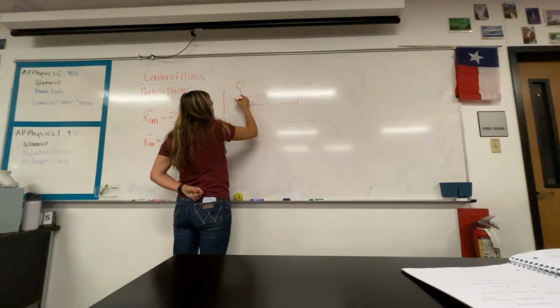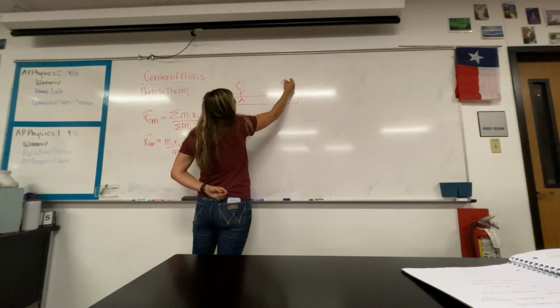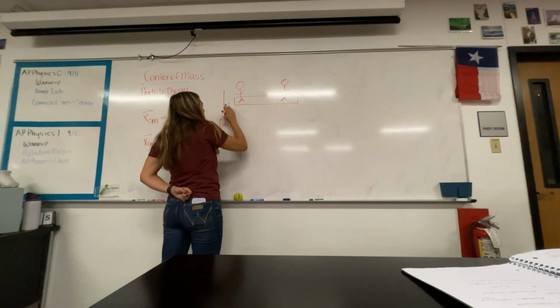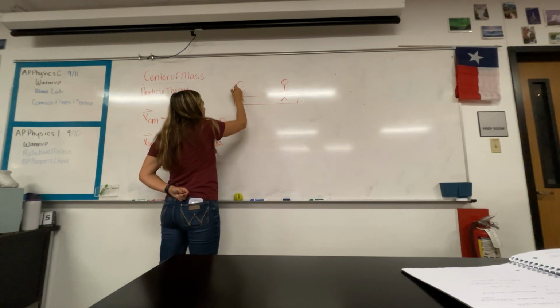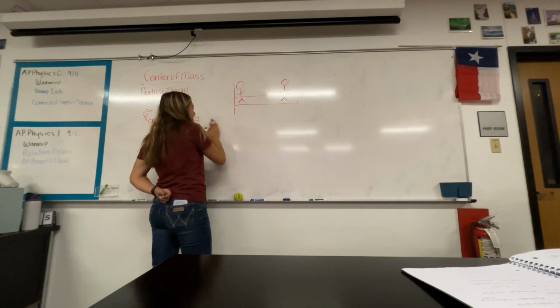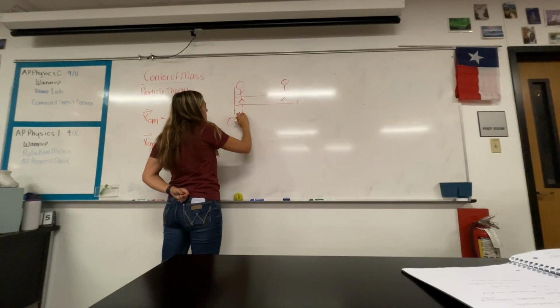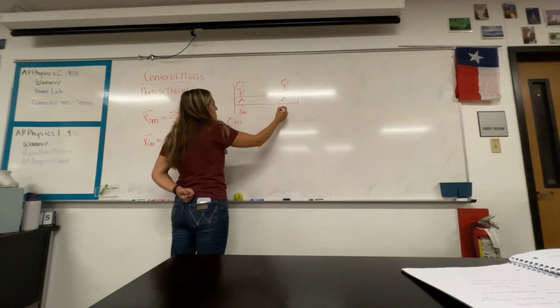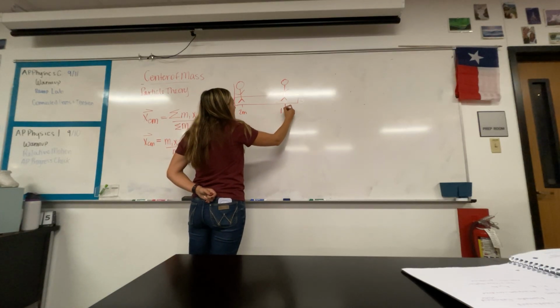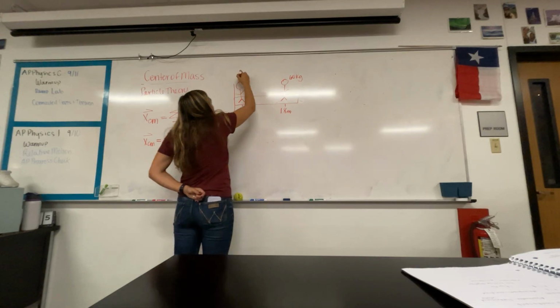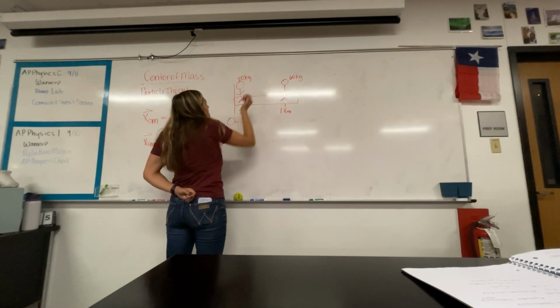I have one person standing on this end and one person standing on this end. I'm going to move my 0 to right at the end of my plank. I'm going to say this person is located 2 meters away. This person is located 18 meters away. This guy is 60 kilograms. This guy is 20 kilograms.